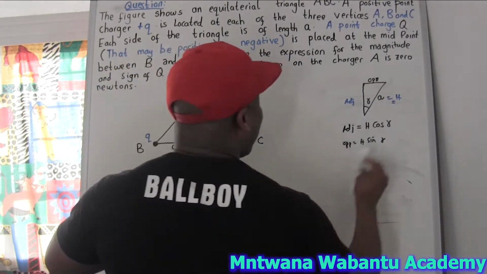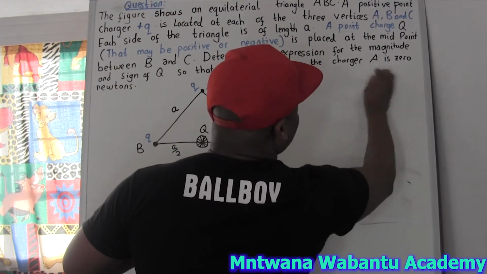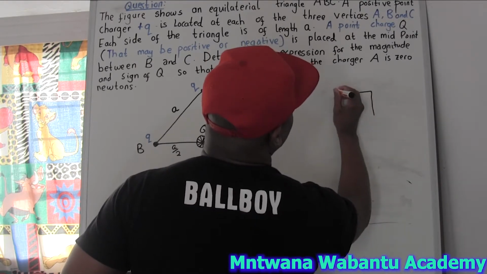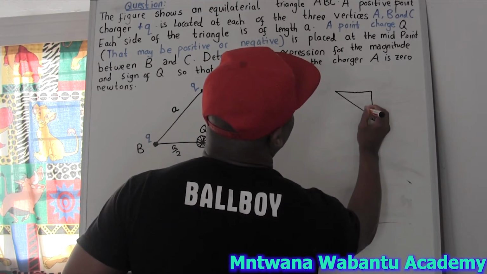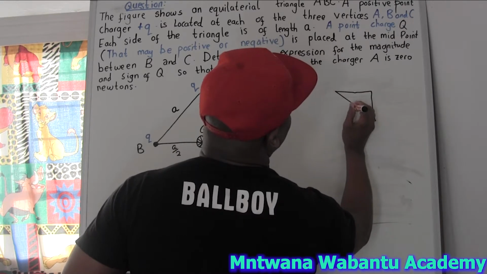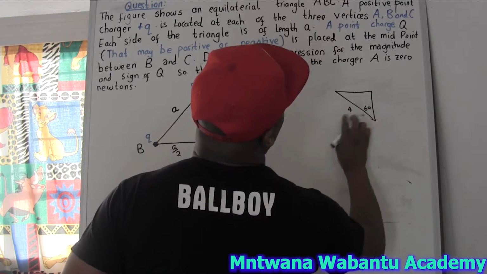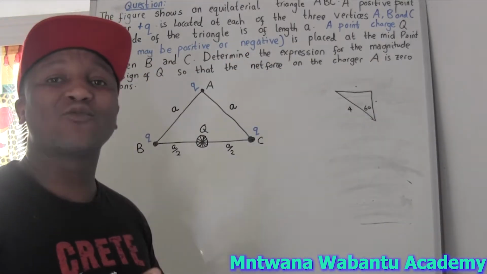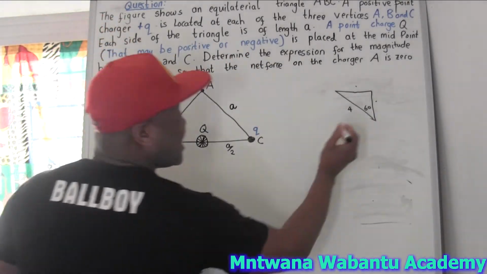Now one more, the last one. Okay, so somebody gives you this now. Let's say this is 4. Find this and this. Which one is adjacent here? I'm going to have to look at my angle. This is my angle here.